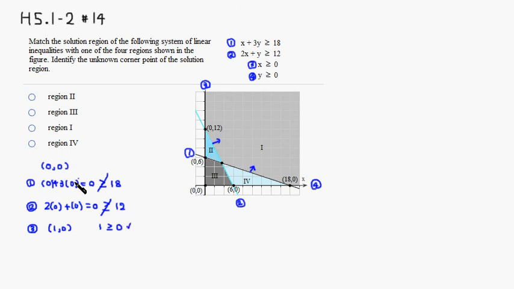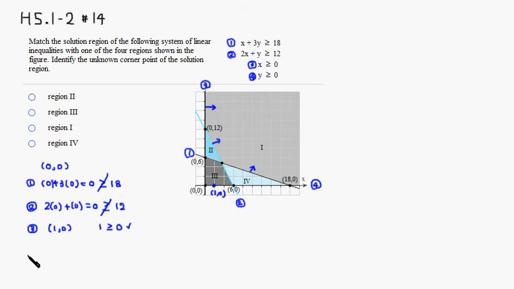So we shade the side which contains 1, 0. 1, 0 is right here, maybe I put 1, 0 here. So we have to pick the right half plane here.